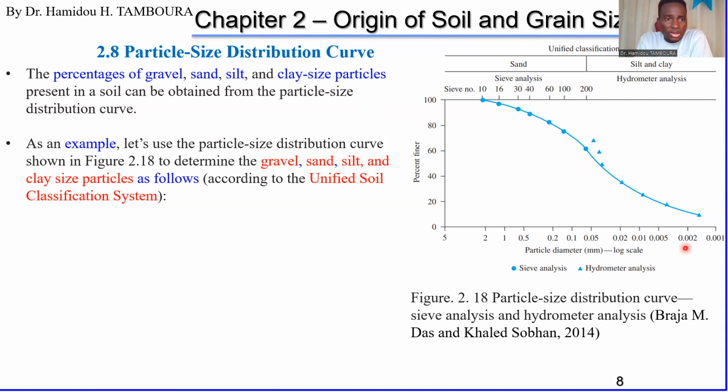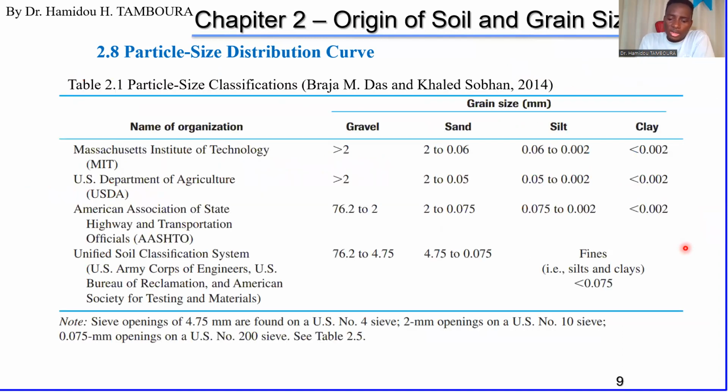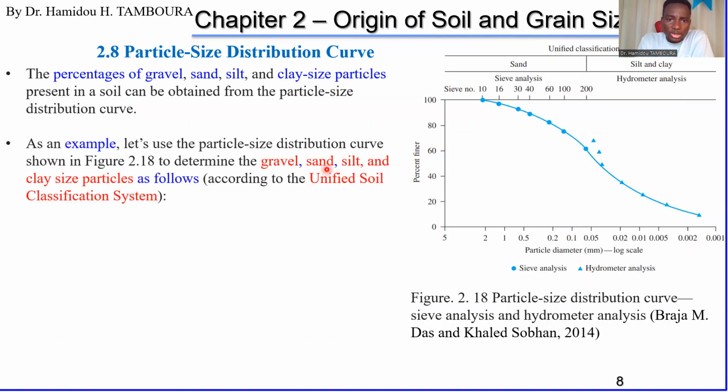This is another piece of information the curve can give us. Now remember, we will try to do it by using the unified soil classification system. Do you remember, in the previous video or the first video, I don't remember exactly, we have seen different methods of classification of soil that include the unified soil classification system.